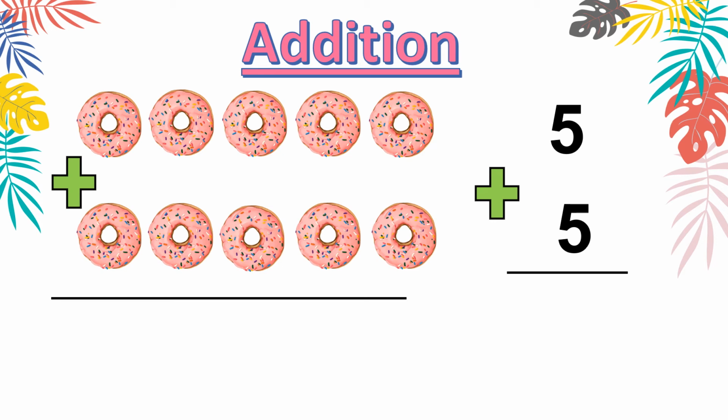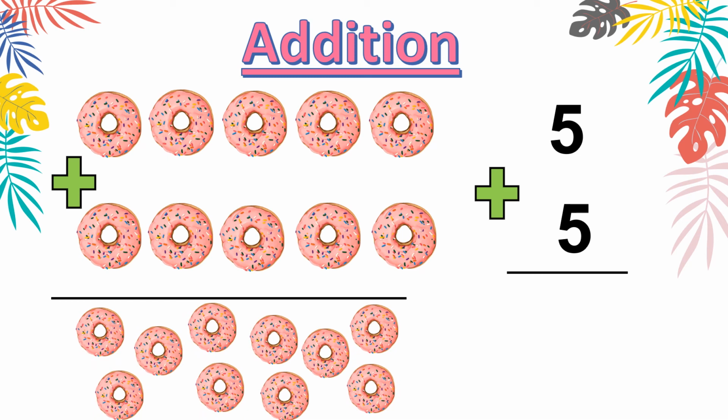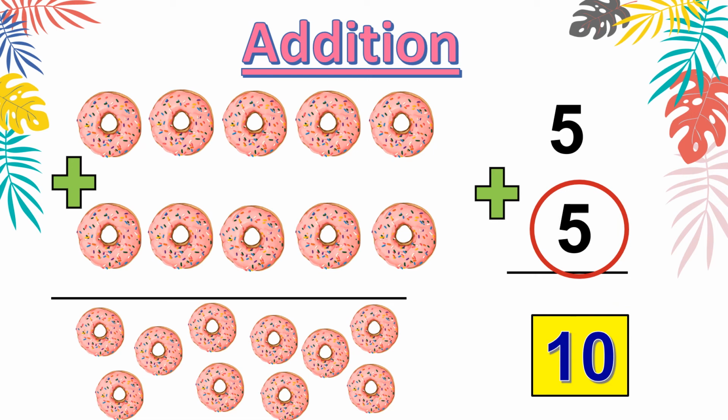So we have here 10 donuts. Now, 5 plus 5 equals what? What should I do? I'm going to put 5 in my mind and 5 on my fingers, and let's count after 5, 6, 7, 8, 9, 10. So the sum is 10.